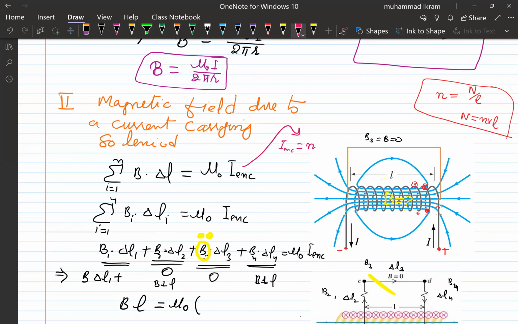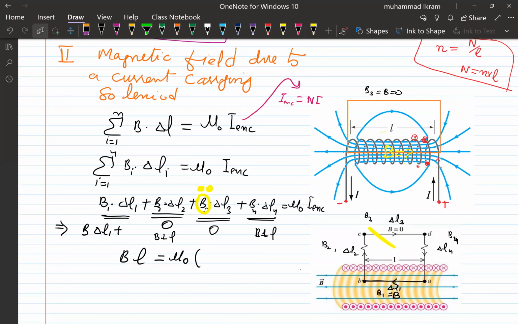Let me write it like this: there are n number of turns, right? And each turn carries a current I. So the current enclosed will be n into I.